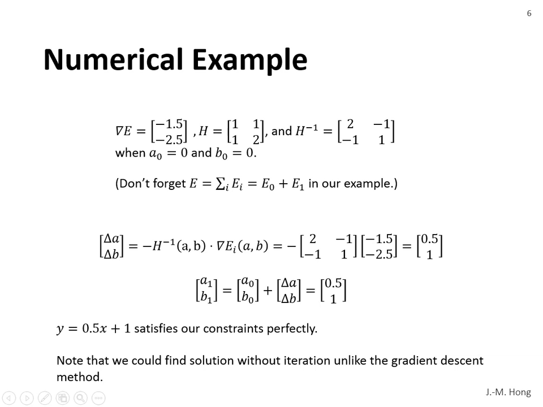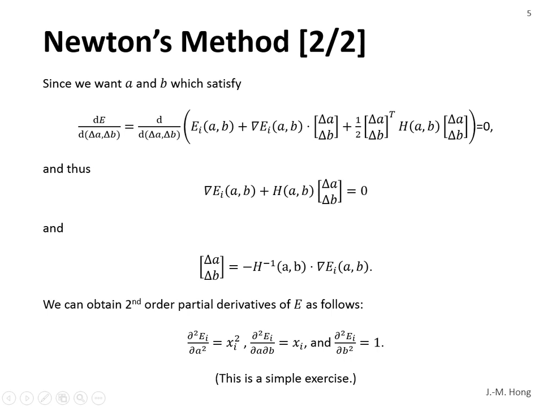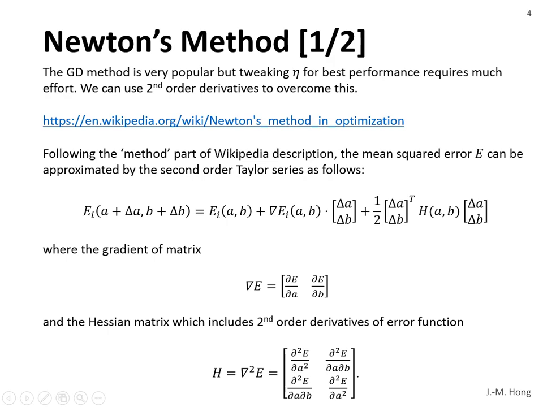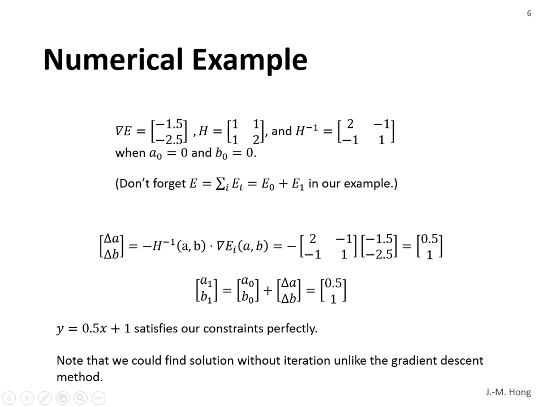H is 1, 1, 1, 2. Then the inverse matrix of H is 2, minus 1, minus 1, 1. Well, we can use an external library to calculate this. And for gradient E, let's go to here. So this is round E over round A, round E over round B. Okay, so we can calculate it when A0 is 0 and B0 is 0. This is the initial condition of this method.